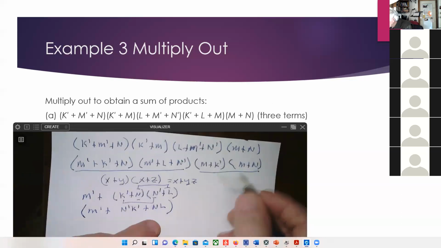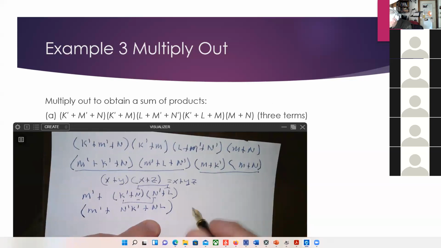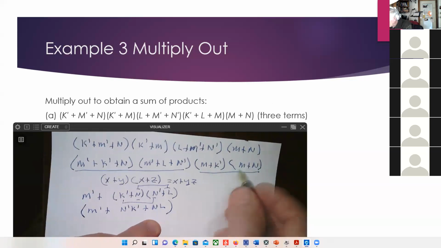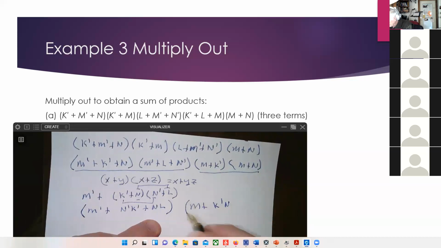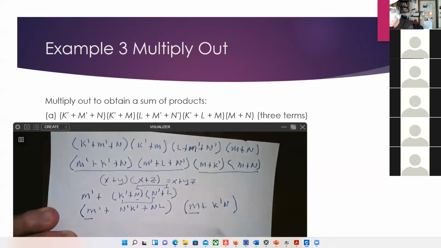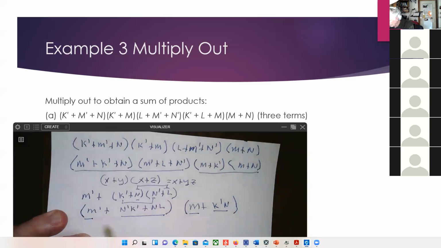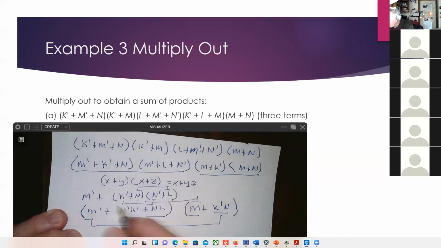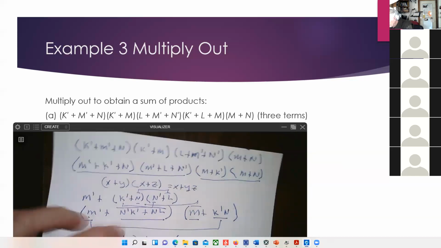And then here, we don't really have to do anything to this, except apply the second distributive law, and that'll give us M plus K prime N. Yeah, and now we have an M and an M prime, and so now we can take the M prime with this and the M with this, and that gives us M times K prime N plus M times this quantity, N prime K prime plus N L.